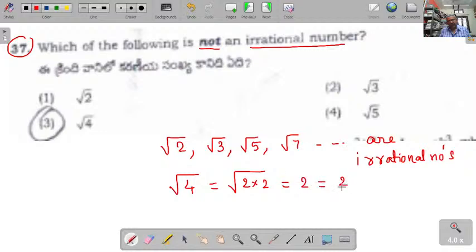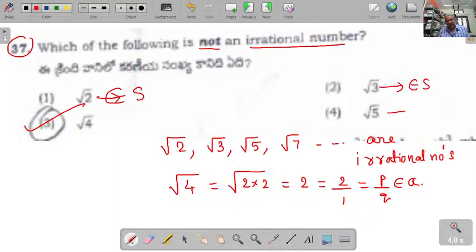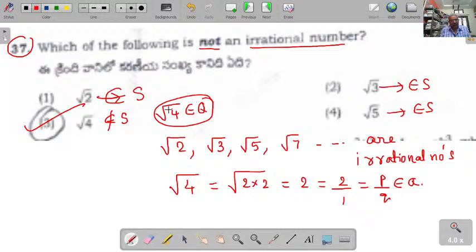This 2 we can write as 2 by 1 in the form p by q, which is a rational number. Not an irrational number means it is not an irrational number. So the third option is the right option. Root 4 belongs to rational numbers but does not belong to irrational numbers. So our answer is the third option.